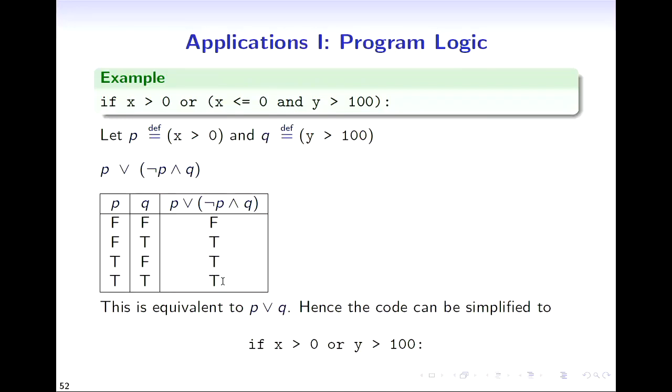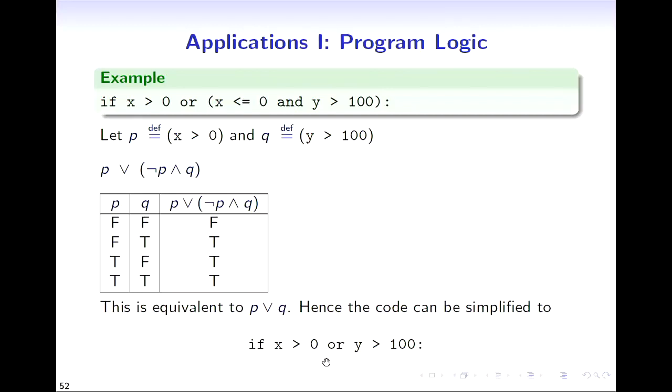And if you now look at this truth table and compare it to what we had on the previous slide, you will see that this is actually exactly the same as the simple disjunction P or Q. So this is equivalent to P or Q, and if we apply this conclusion from this truth table, then we will see that this condition here can actually be simplified to this.